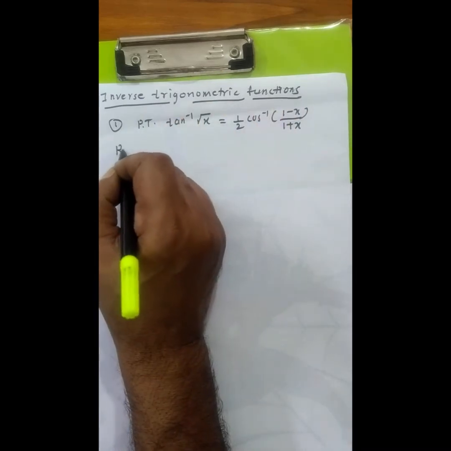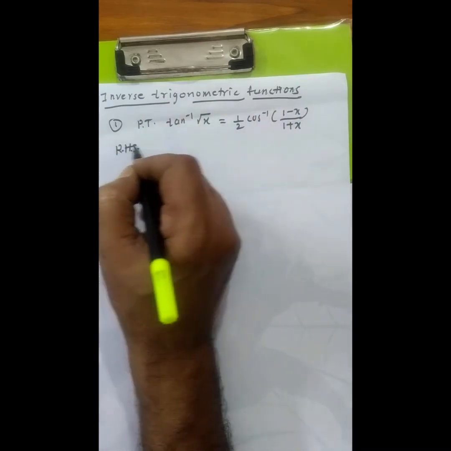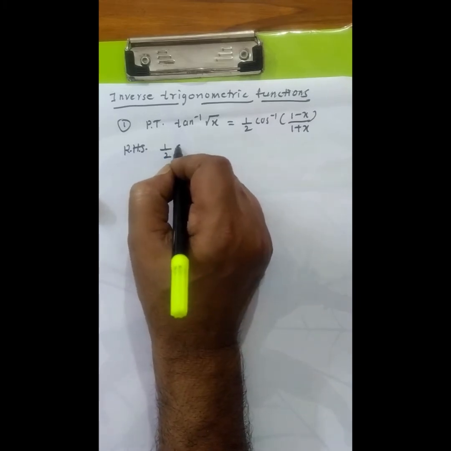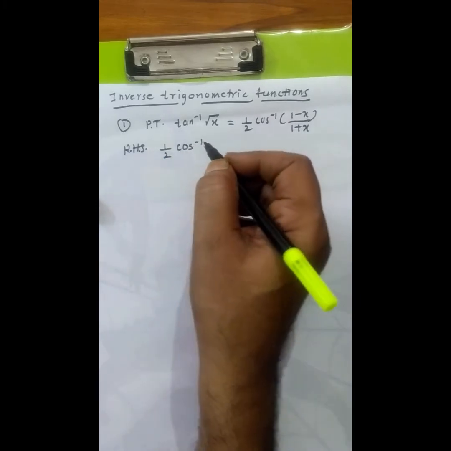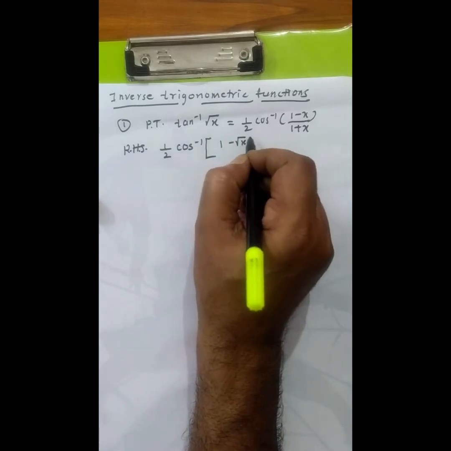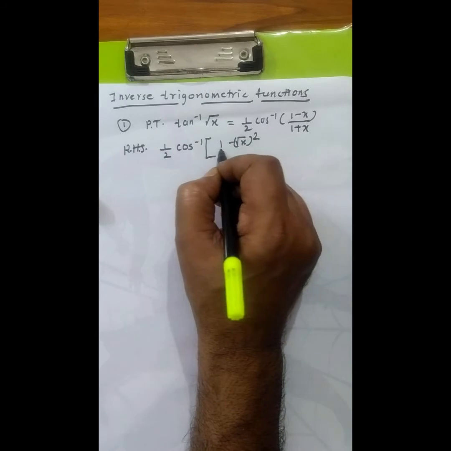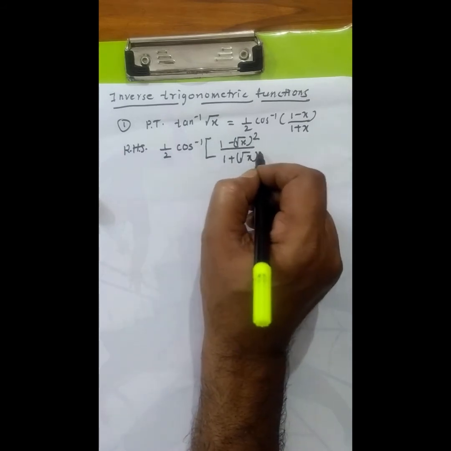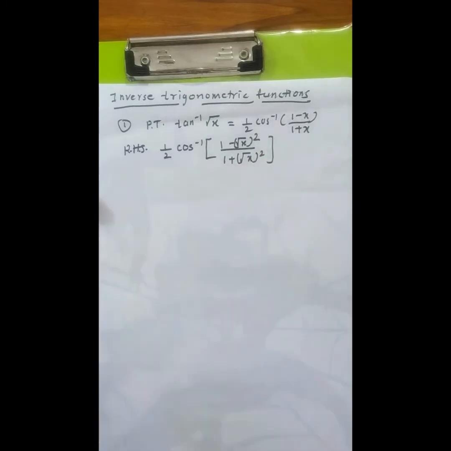So RHS we can rewrite as 1 by 2 cos inverse of, this 1 minus x I will write as 1 minus root x whole square divided by 1 plus root x whole square. This x I will write as root x whole square.